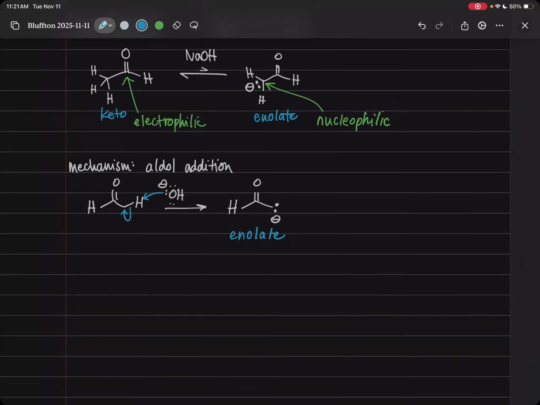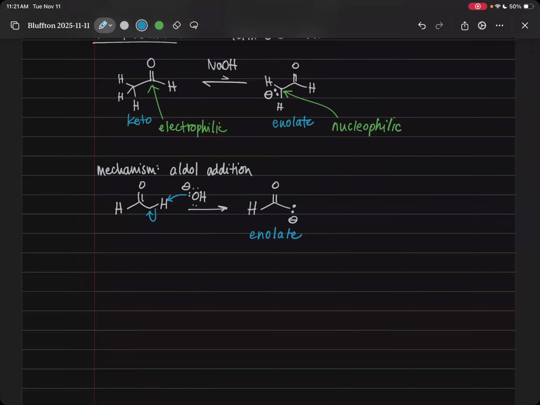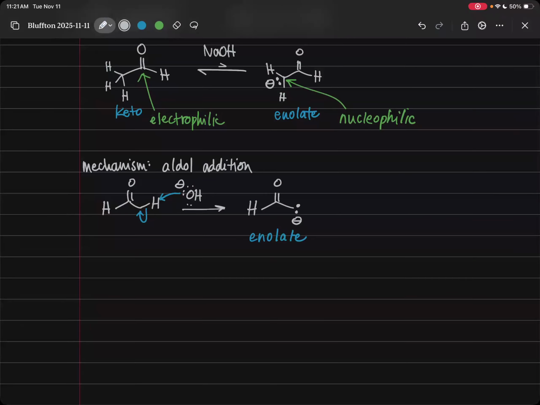So now we've got our enolate. Now we have this equilibrium at the top between the aldehyde and the enolate. And so we've still got some amount of the aldehyde in our reaction flask.